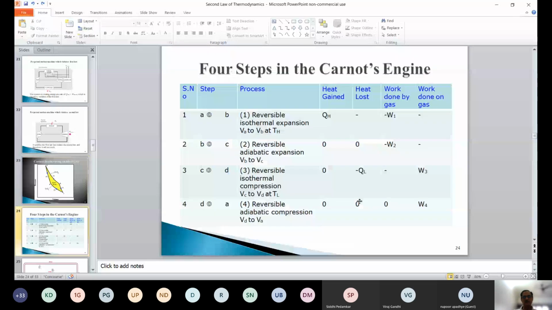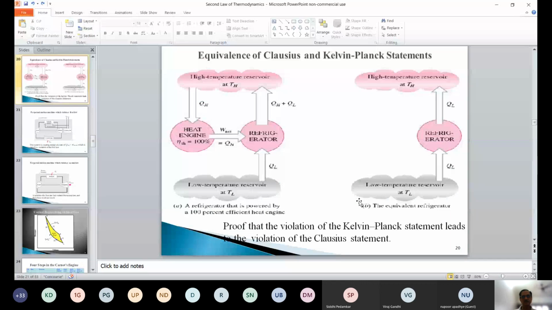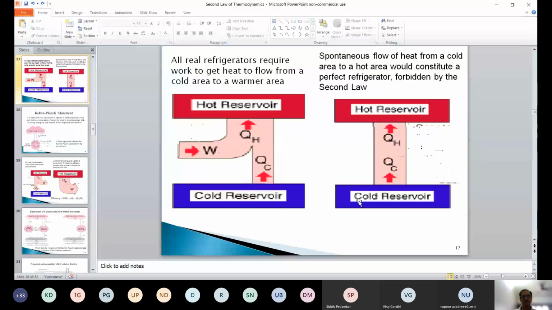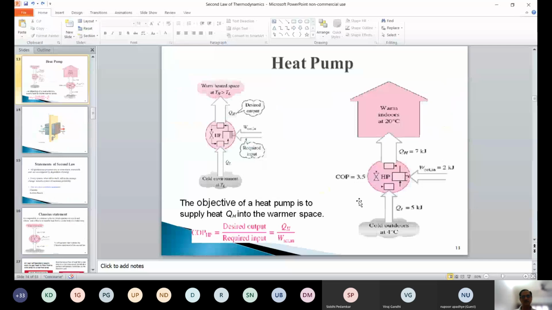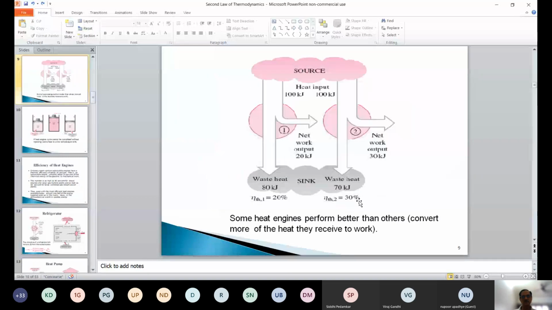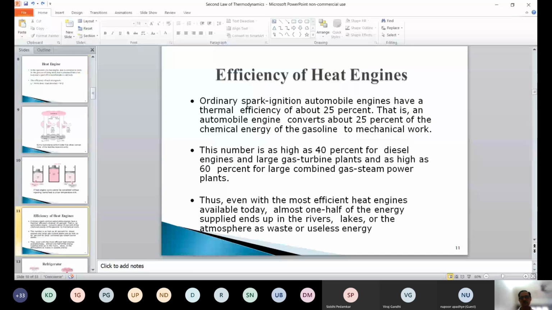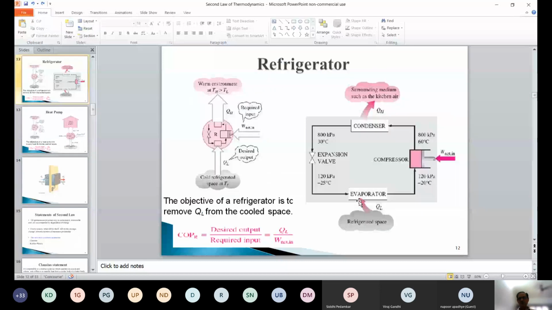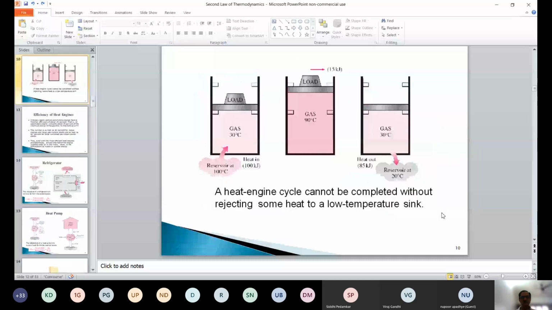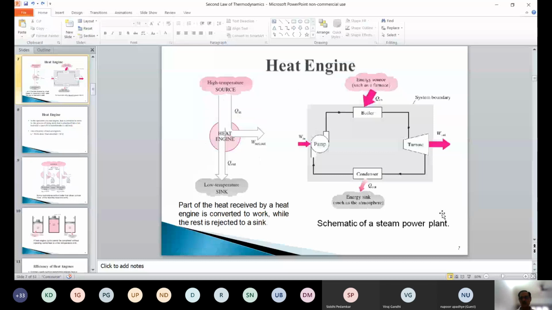And this happens where? If you look at a heat engine, where does this happen? Where does reversible isothermal expansion take place in a heat engine?